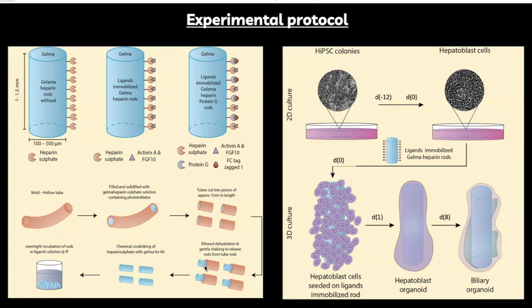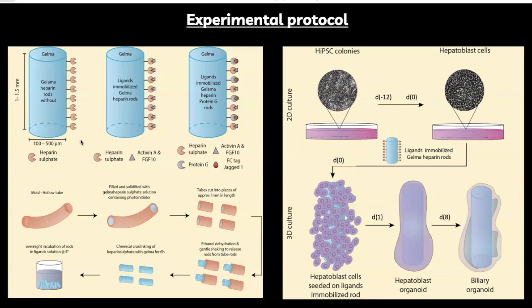Then you expel the gelatin from inside, and you functionalize with biotinylated heparin, sorry. And then you graft the growth factors on them after that. So now you can play with different concentrations and different kinds of growth factor cocktails that you put on the gel.